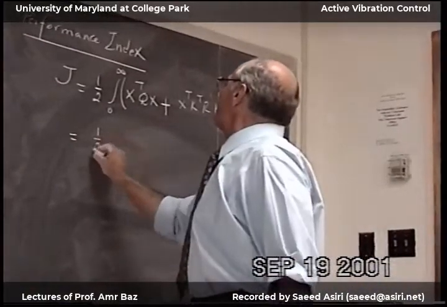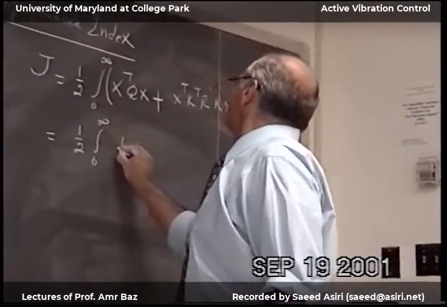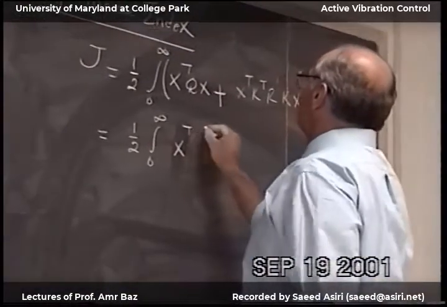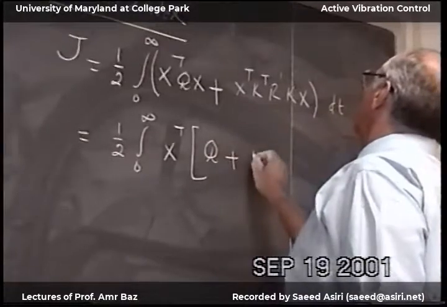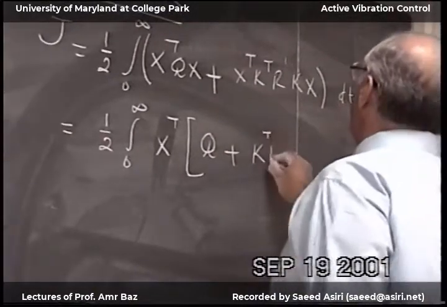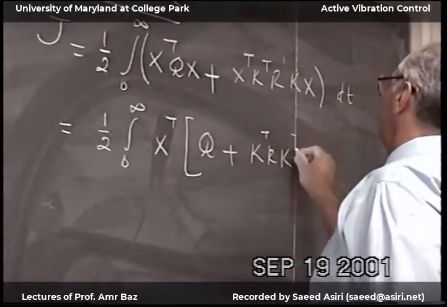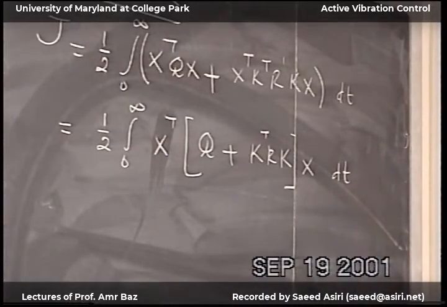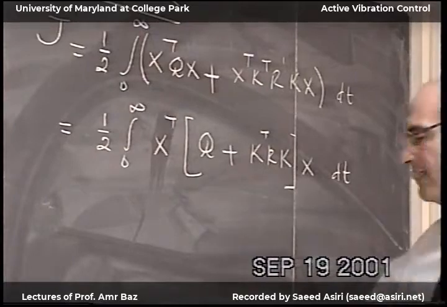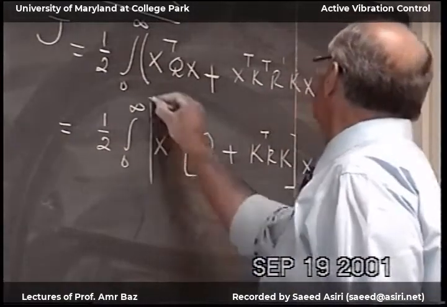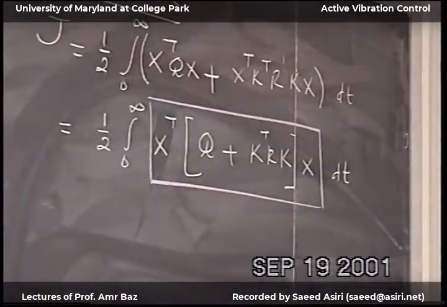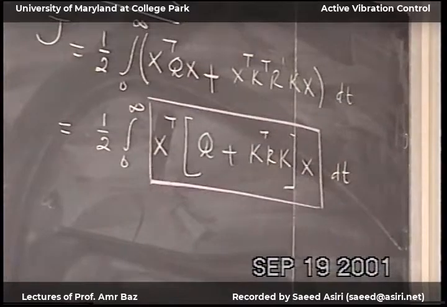So now this will be one half integral of x transpose (Q plus K transpose R K) x dt. Now if you look at this term and you look at this term, they are exactly the same.